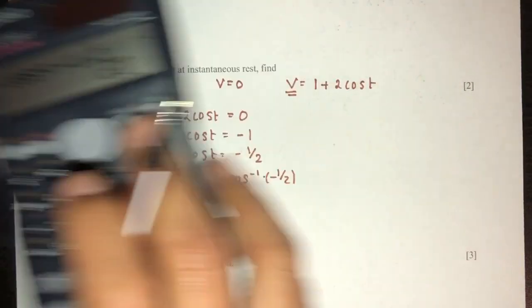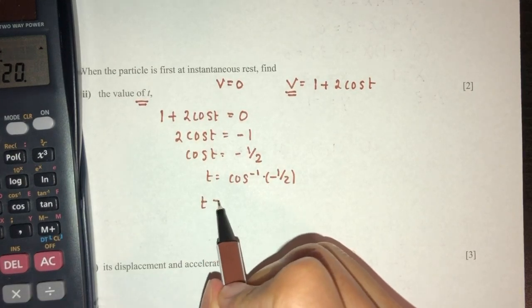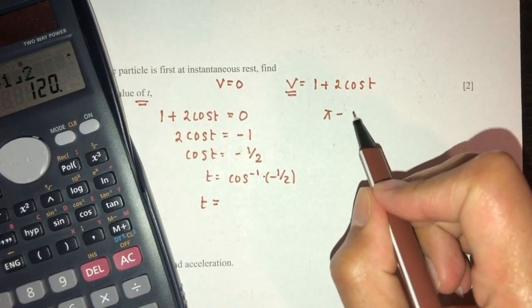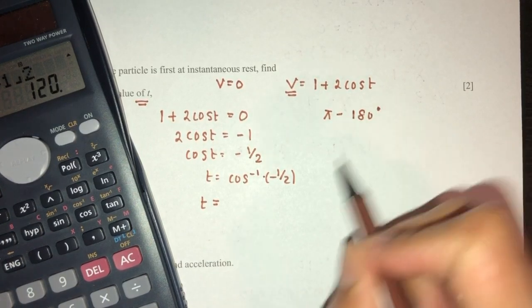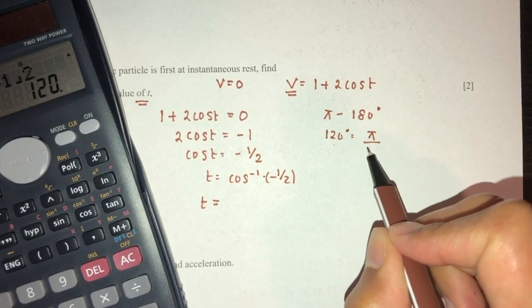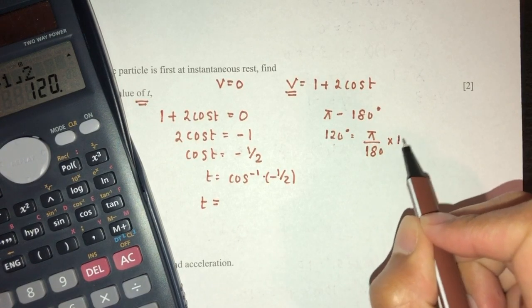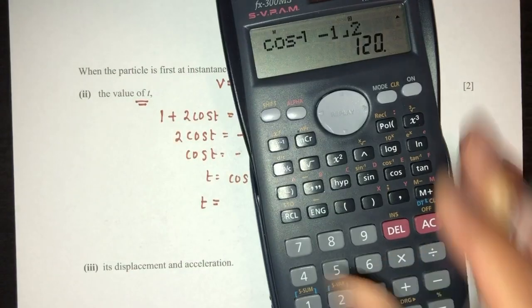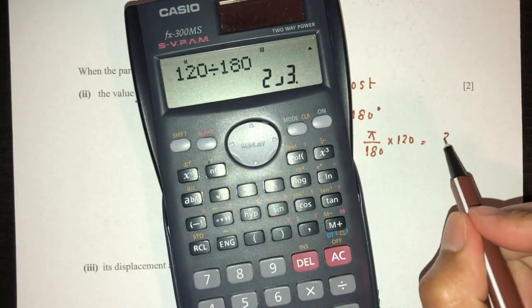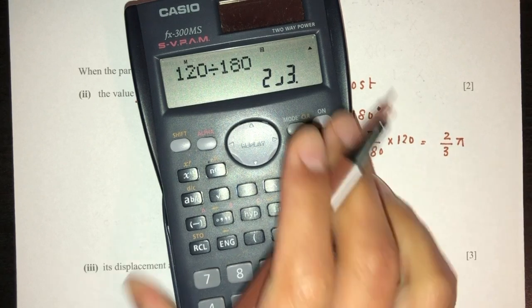So what is 120 degrees? t is in terms of radians. So we know that pi is equal to 180 degrees. So 120 degrees is just pi divided by 180 times 120. It is just 120 divided by 180, which is 2 over 3 pi.